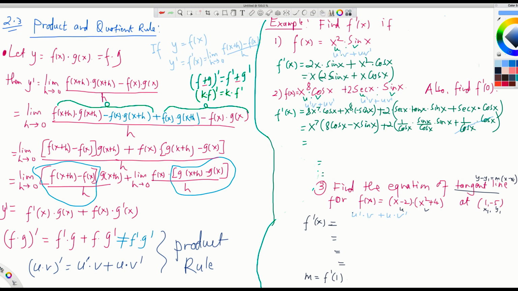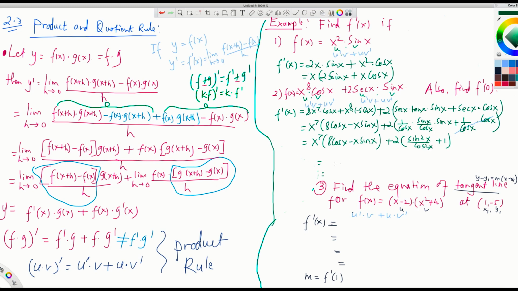Okay, guys. How would that look if you write it in that form? It is x to the 7 times 8 cosine of x minus x sine x, right? And then plus 2 sine square x over cosine square x, and then plus 1.